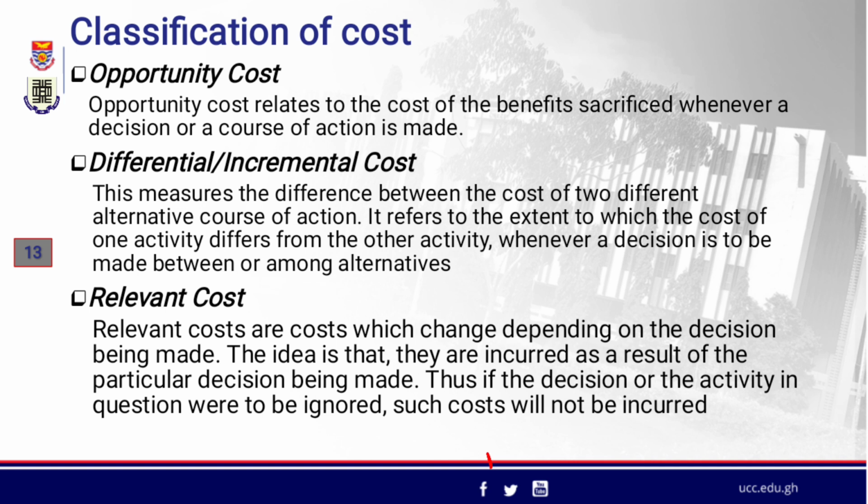So let us start with opportunity cost. Opportunity cost relates to the cost of the benefit sacrificed whenever a decision or a course of action is made. So the cost of the benefit that you sacrifice whenever a decision or a course of action is made.